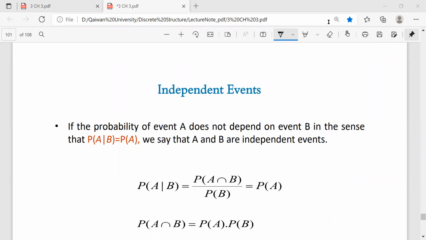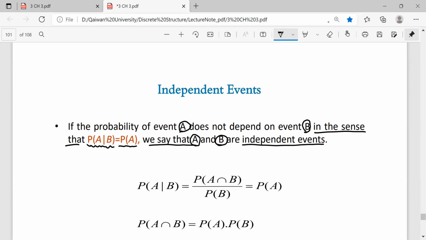We now have independent events. We say the probability of event A doesn't depend on event B. Here we have two events such that none of them depends on the other one, in the sense that probability of A given B equals probability of A. That means the probability of A doesn't depend on B, and also event A doesn't depend on event B. We see that A and B are independent events.